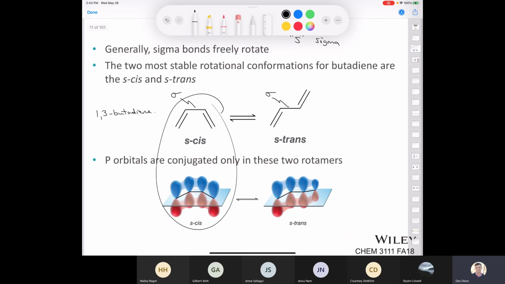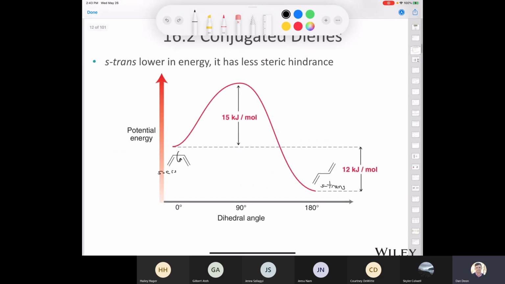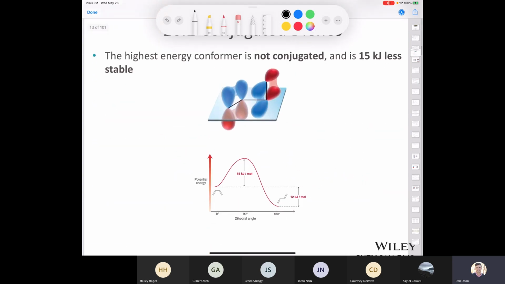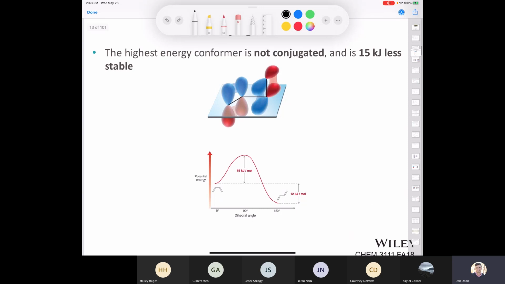Remember, in the S-cis you have complete overlap of all 4 p orbitals, and in the S-trans you have complete overlap of all 4 p orbitals. But when you rotate it, you go through something that doesn't have overlap of the p orbitals. If you're wondering what that looks like, I have a picture of it here. The highest energy conformer is not conjugated at all, and therefore it is 15 kilojoules per mole less stable.